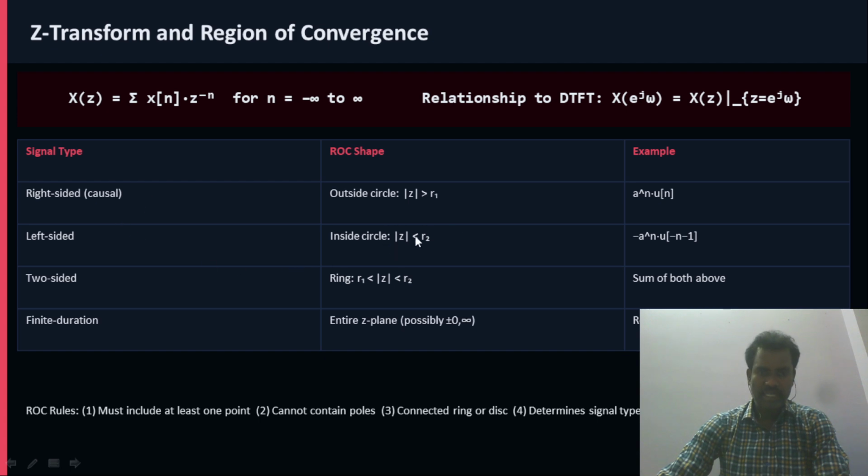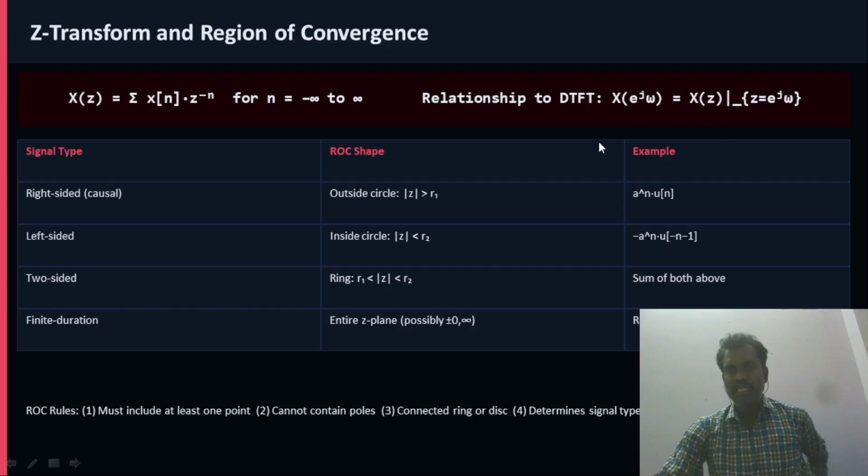But for the left-sided signal, it is possible to calculate the Z transform only for mod Z less than r2. For example, minus a power n, u of minus n minus 1. So u of n is a right-sided signal, u of minus n is purely left-sided. We will reverse it.